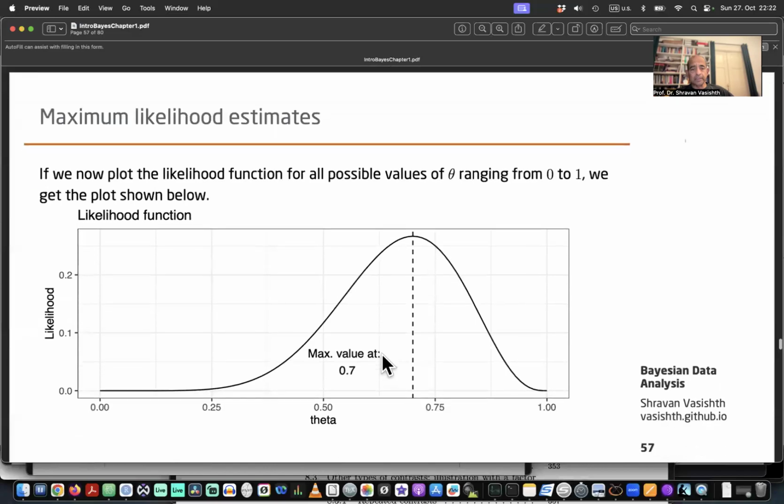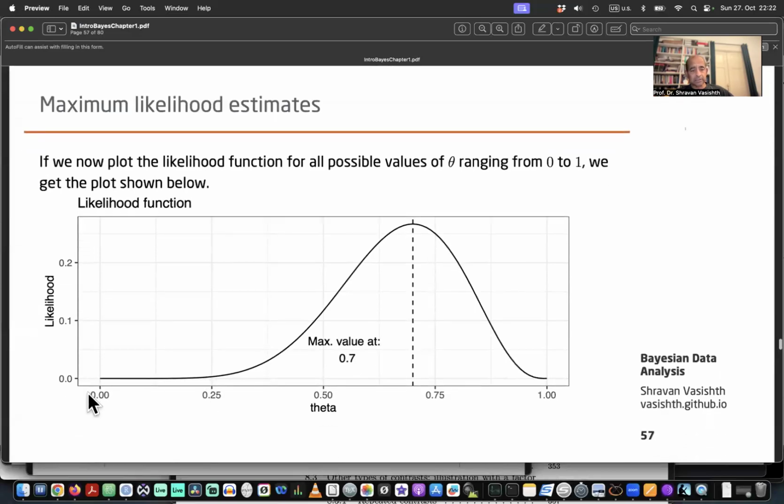If I do that, I get a curve like this. Notice that the x-axis ranges from 0 to 1. In this particular experiment, we have 7 successes out of 10. This curve peaks at a particular point, 0.7, and it peaks there because 0.7 is 7 divided by 10.